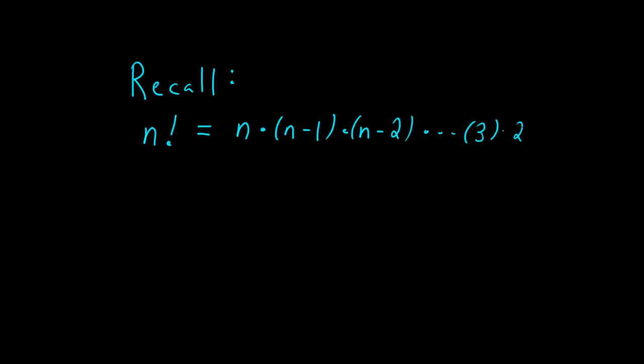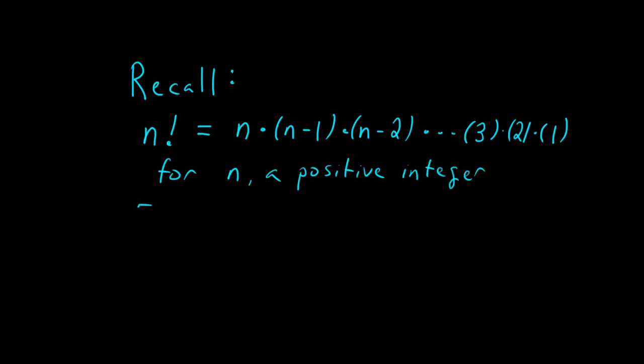But first recall, n factorial, if you remember from high school algebra or probability, is equal to n times n minus 1 times n minus 2. You basically reduce the value of the integer every time, multiplying all the way down to 1 for n a positive integer. Right, so this definition only works if we're starting out with a positive integer.